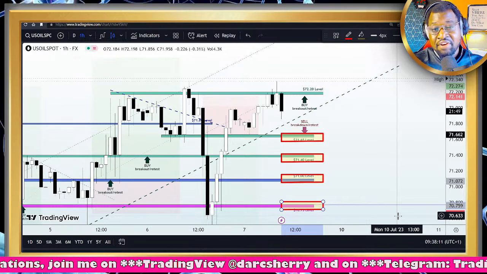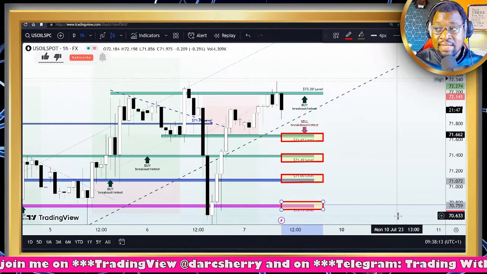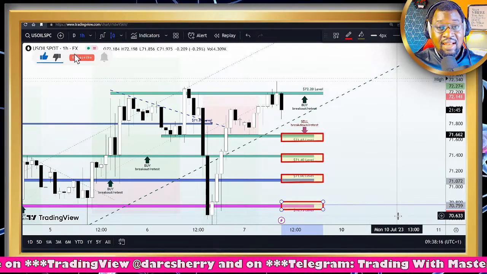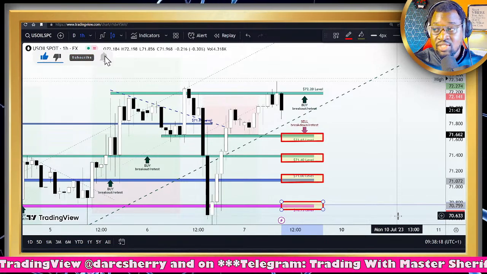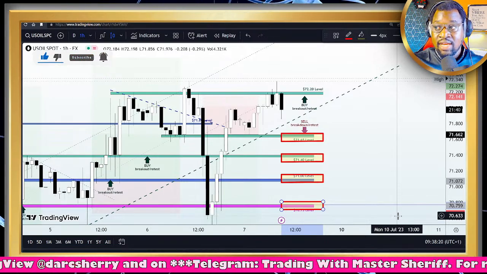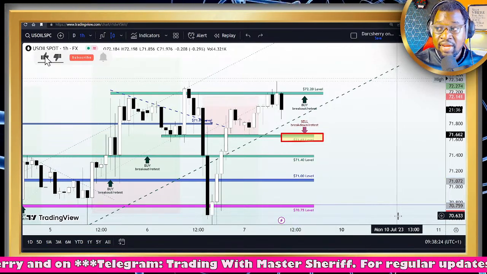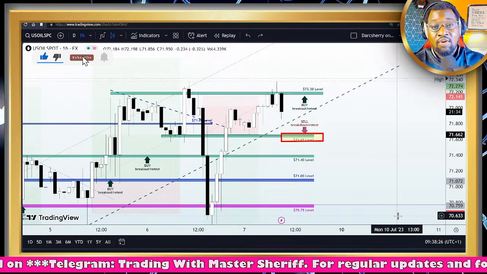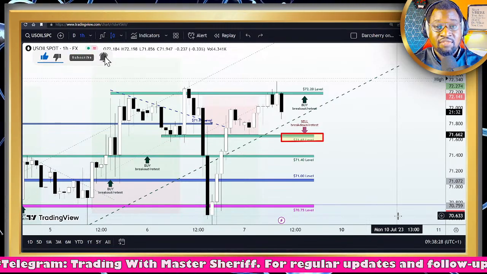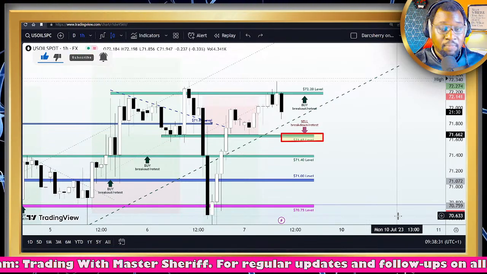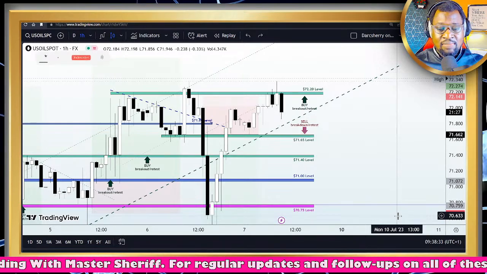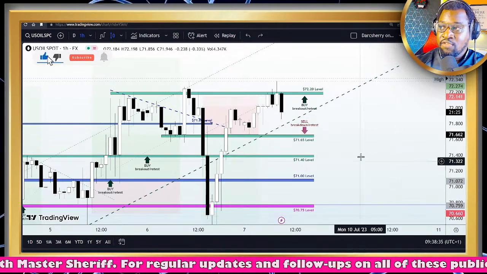But things are looking very bullish for me personally, and a breakout and retest of that resistance line could send price skyrocketing to the upside. So let's be on standby to catch that move. But if the market says that we are going to be selling, then a breakdown and retest of the support line of that ascending channel will be great for us to look out for selling opportunities in this market. So that is my view here on the USOilSPOT for today.